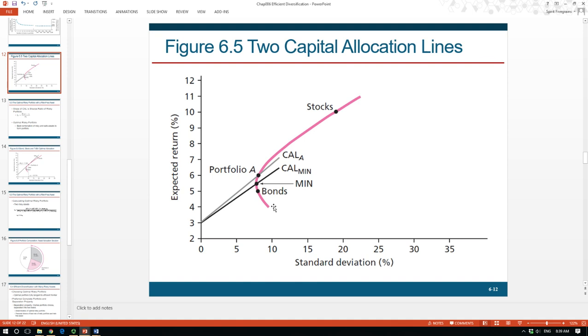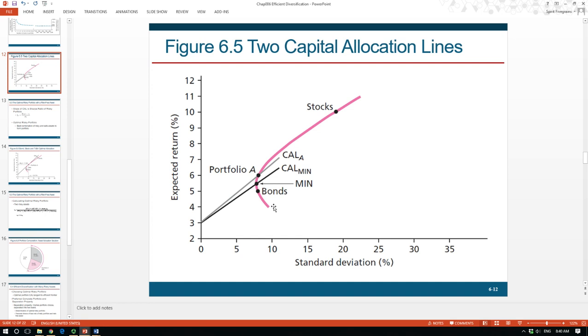Also we can draw a capital allocation line that crosses the point where the standard deviation is minimized on this pink curve, and we call this the capital asset allocation line that minimizes the risk.